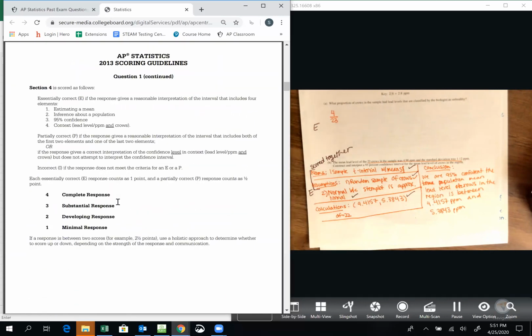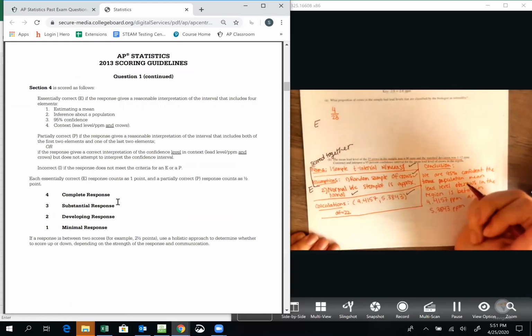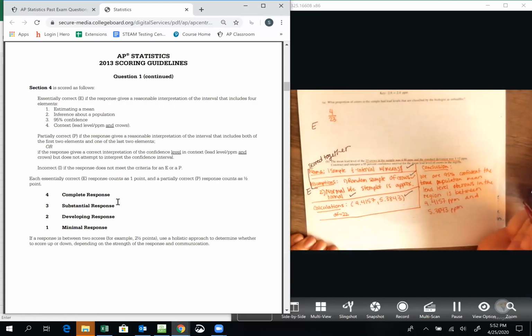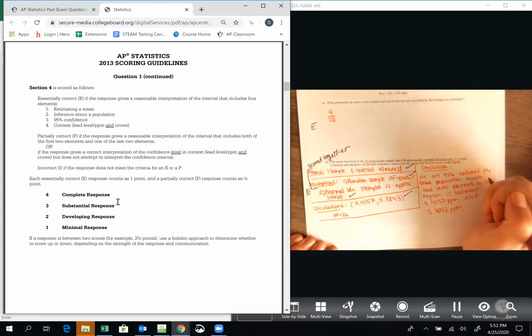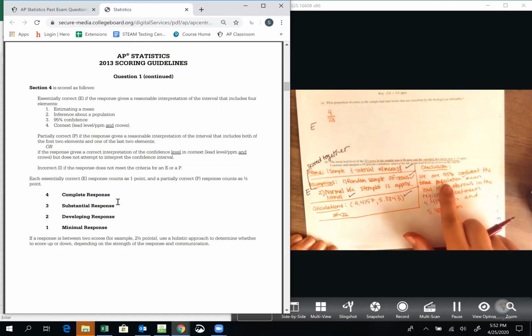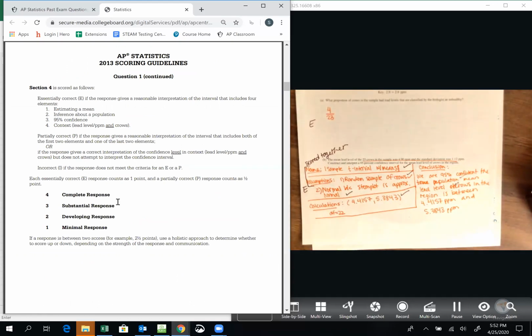Section 4, essentially correct. They give a reasonable interpretation of the interval that includes the following 4 elements. Estimating a mean. Yes, whatever part that is. An inference about a population. So you either needed to say population mean, true mean, or of all crows also would have worked. You only need 1 of those. You don't need all 3.